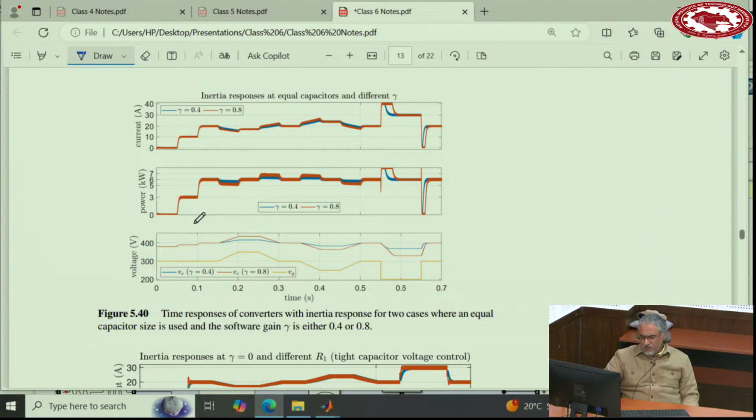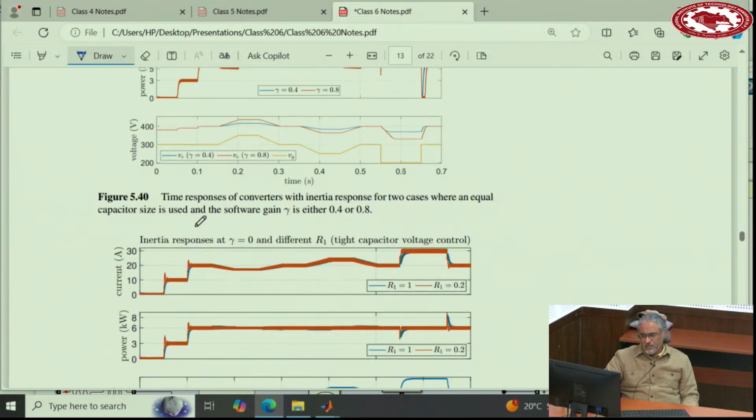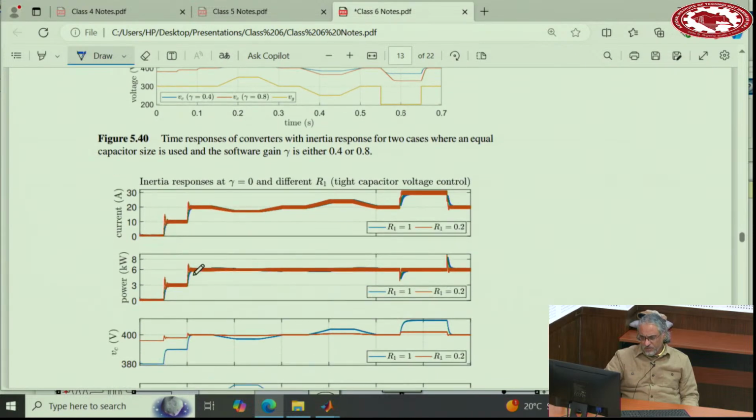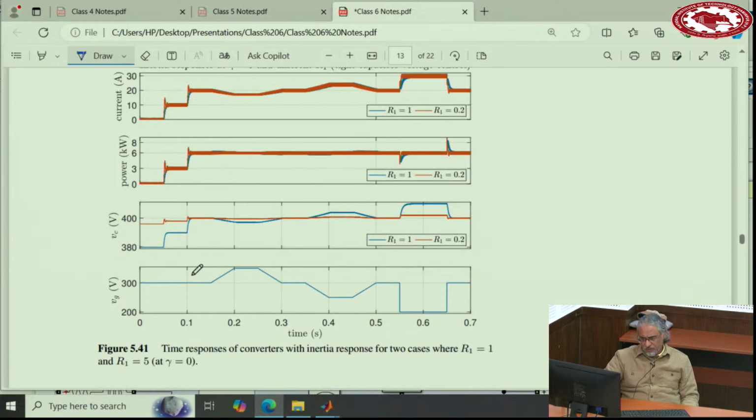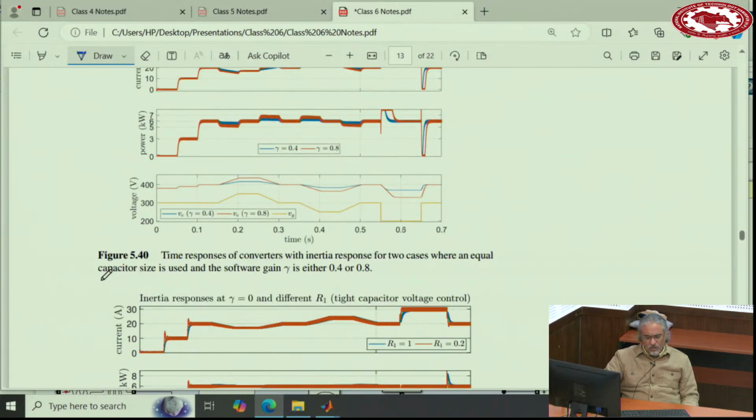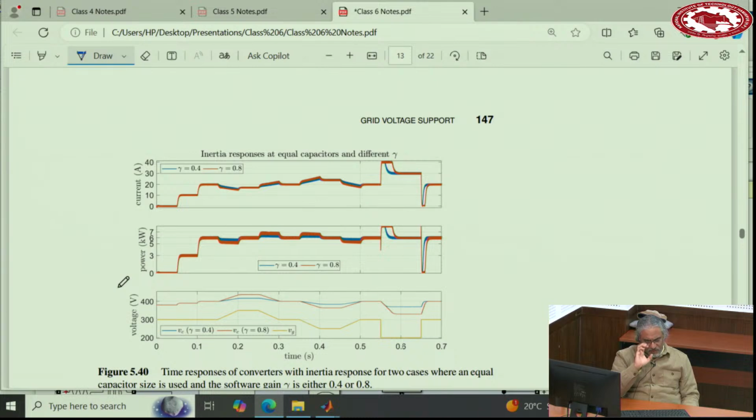You remember that parameter gamma that I said? The role of that parameter gamma is shown here, and in this diagram, the role of parameter R is shown. So gamma is the factor between the capacitor voltage and the grid voltage, right?